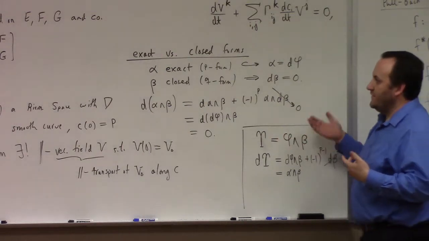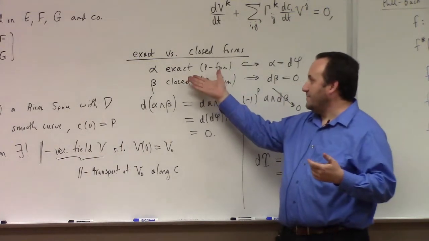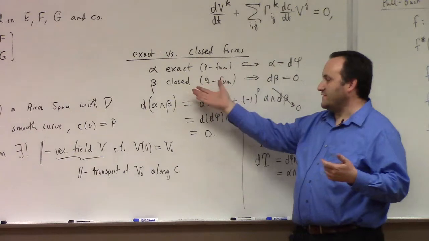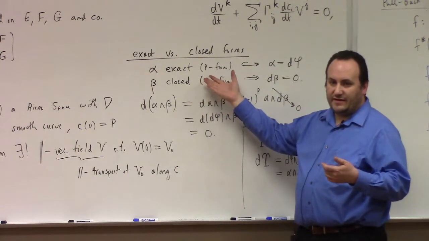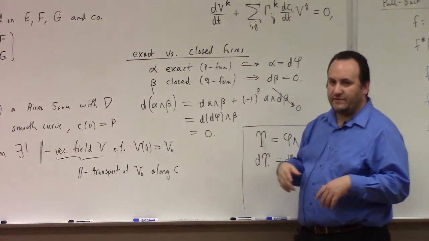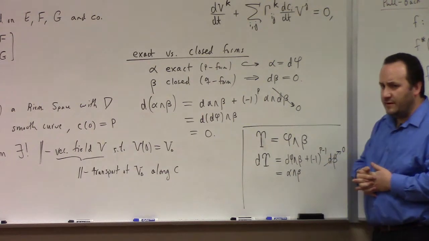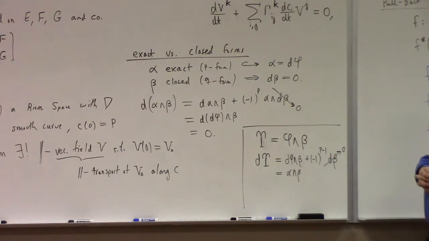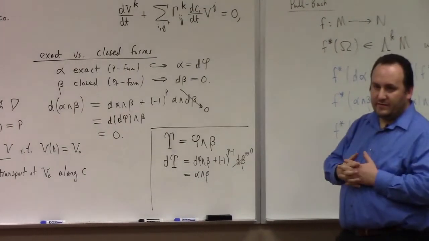If there exists a closed form which is not exact, that indicates that there's some kind of non-trivial topology in your space. So the Poincare lemma proved what? It proved that if the space is star-shaped, basically, if the form is closed, it can be written as an exact form.